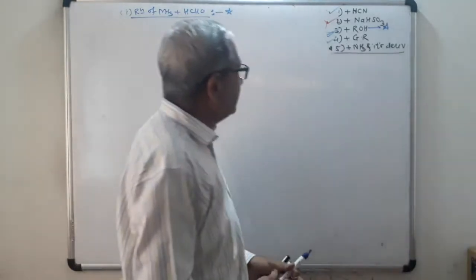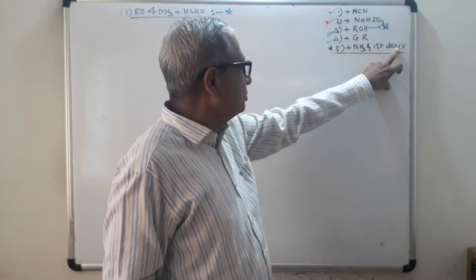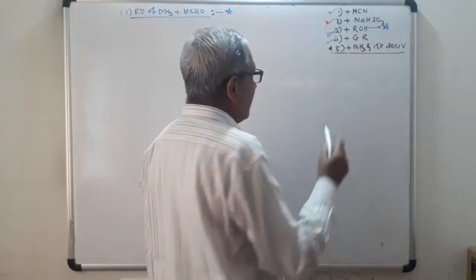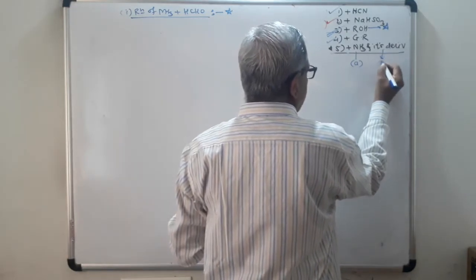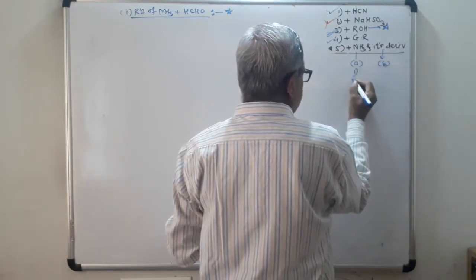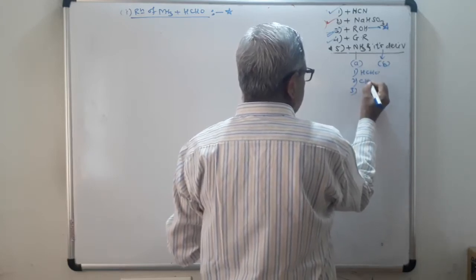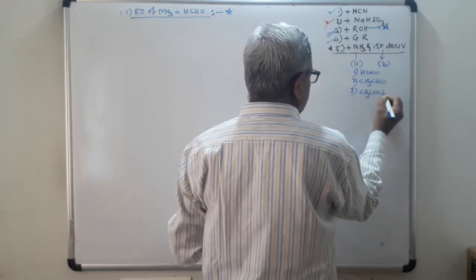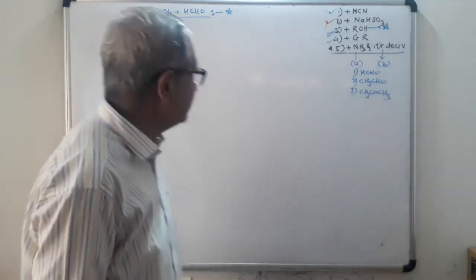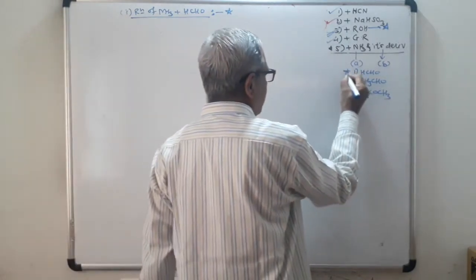See the brief revision, addition of ammonia and derivatives to aldehyde and ketone. So I will make here two parts. A part is addition of ammonia and B part is addition of derivatives. First reaction with formaldehyde, second reaction with acetaldehyde, third reaction with acetone. So these three reactions, this first reaction is very important.